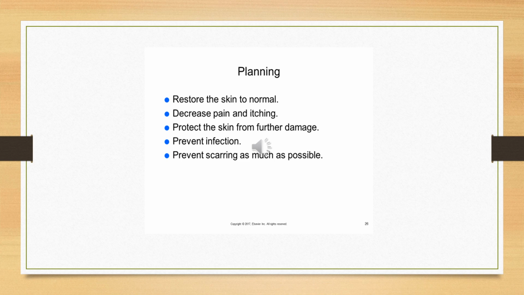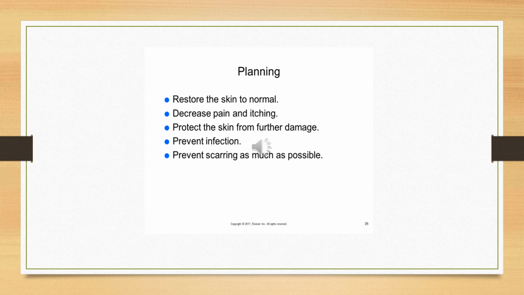So when we're developing a plan for a patient with skin disorders or trying to prevent skin disorders, we're obviously going to implement plans that are going to restore skin to normal. So whether it be, if they have an open wound, do we implement dressing changes based on the doctor's orders? We're going to implement things that are going to decrease the patient's pain and itching.